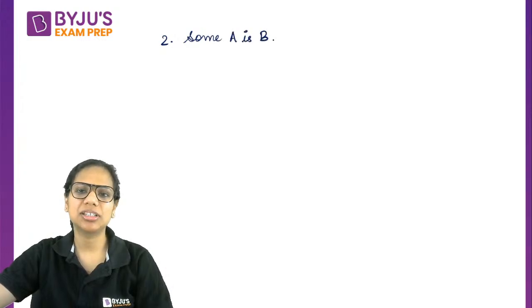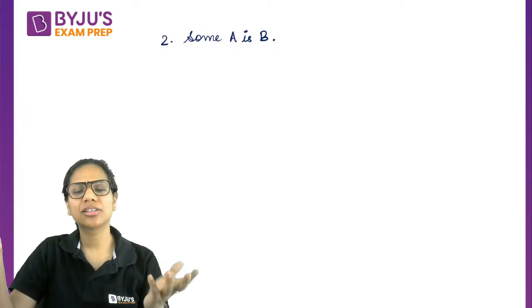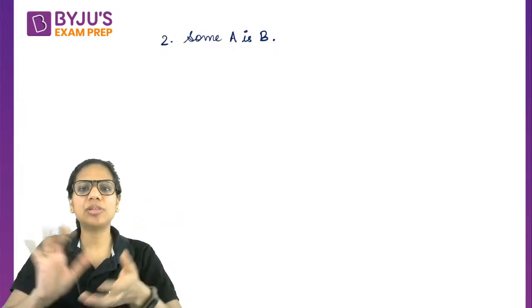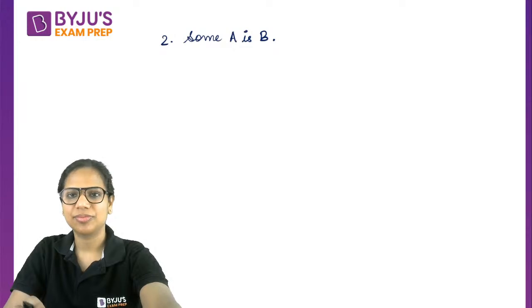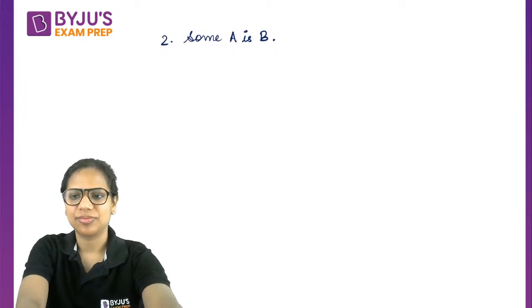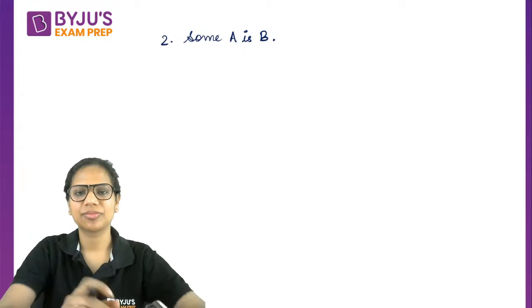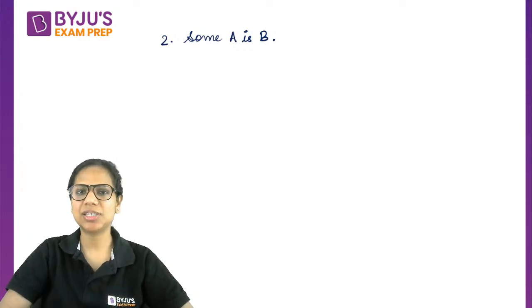Some A is B. Again, A has a circle, B has a circle. Tell me how they will be related.